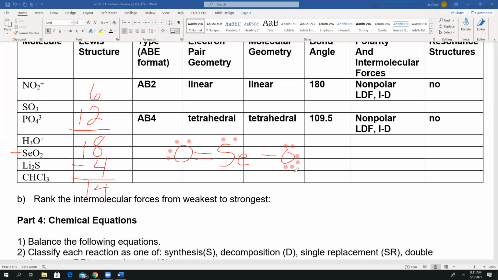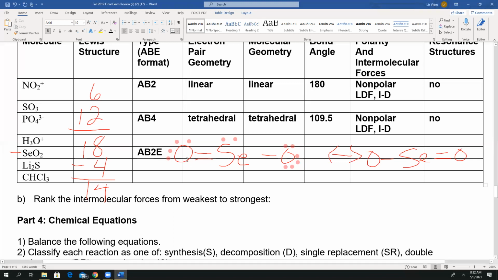Now, could it not also be this? Right? It could. Okay, so now we know what we can write in. All right, let's see. Lewis structure shows us this is an AB2E, right? You see that?